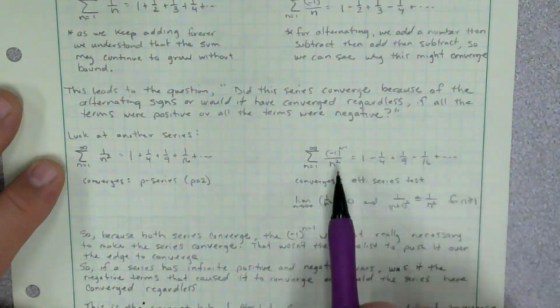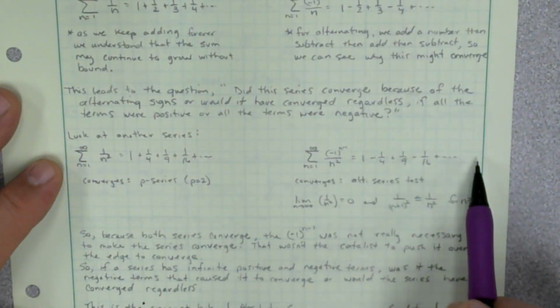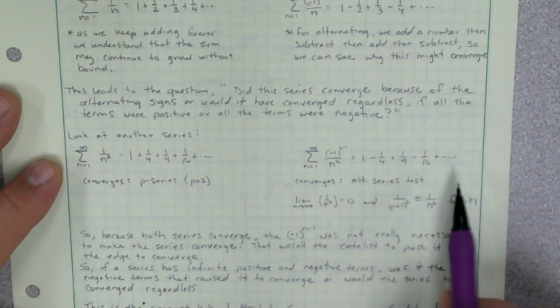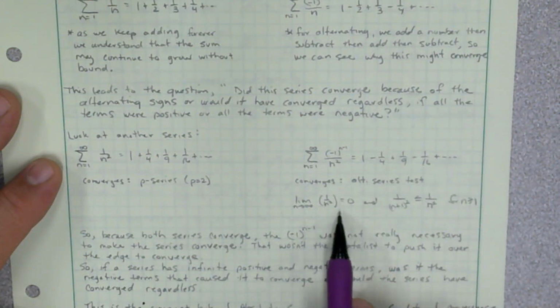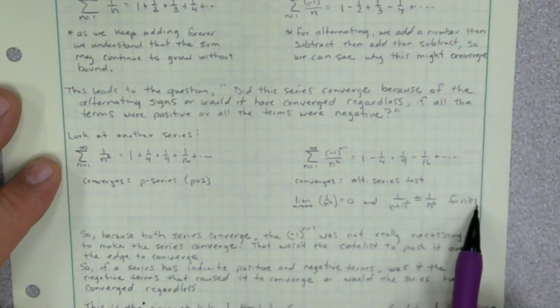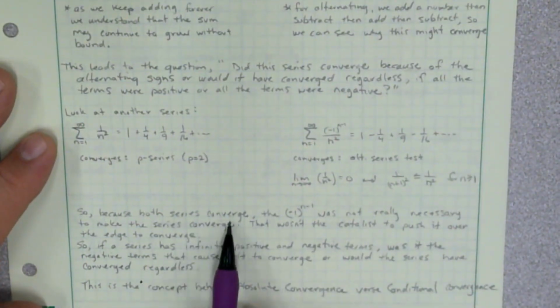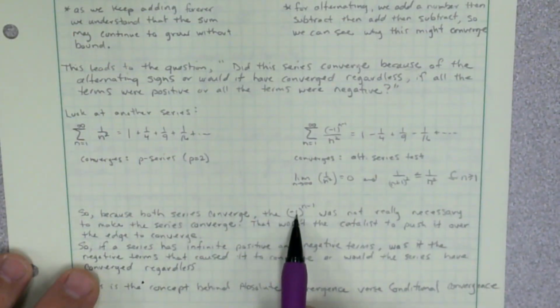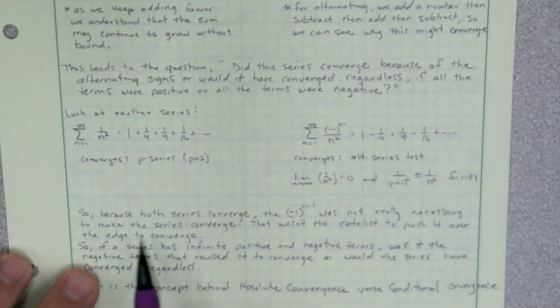Let's take a look at the alternating form of that. This will converge because of the alternating series test. So because both series converge, the -1 to the n minus 1, the alternating sign, was not really necessary to make the series converge.